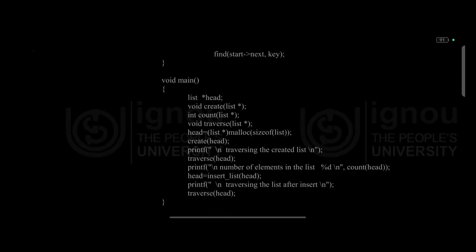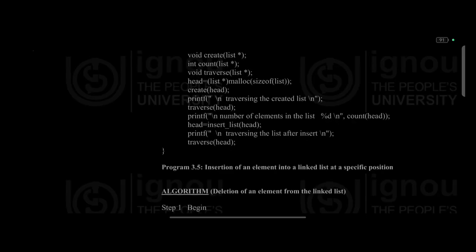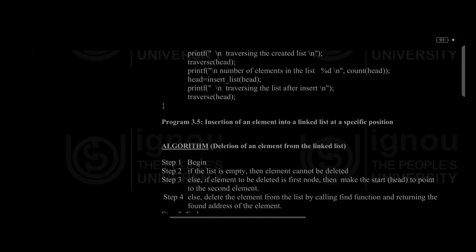Void main: list *head; void create(list *); int count(list *); void traverse(list *); head = (list *)malloc(sizeof(list)); create(head); printf("Traversing the created list"); traverse(head); printf("Number of elements in the list %d", count(head)); head = insert_list(head); printf("Traversing the list after insert\n"); traverse(head).